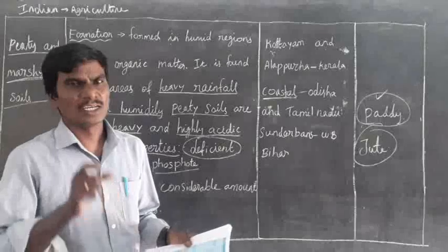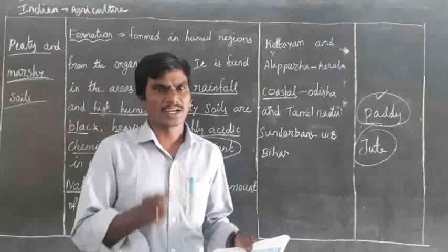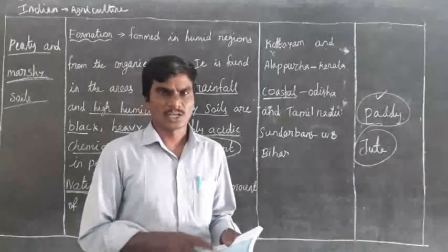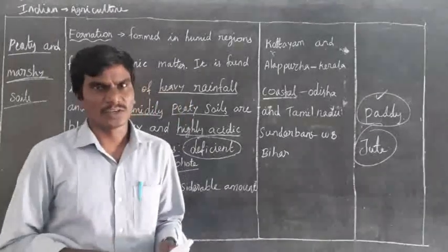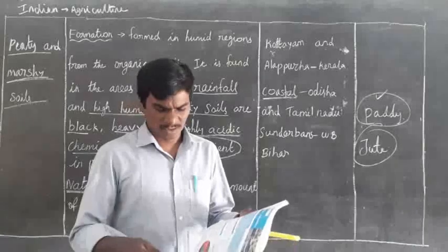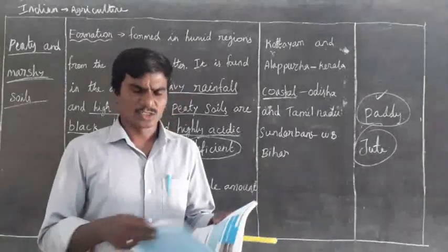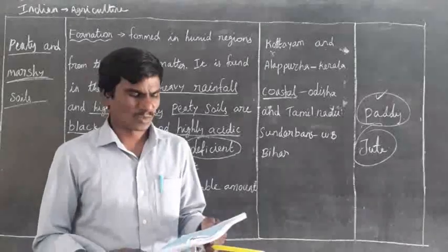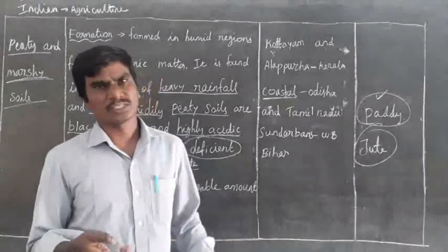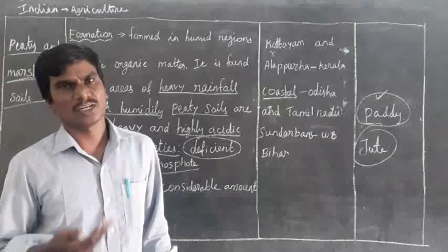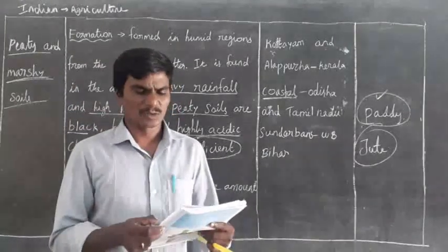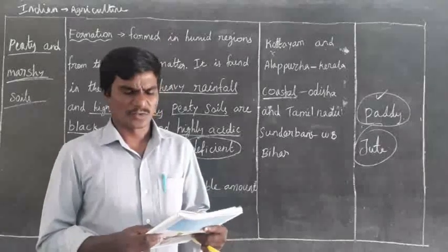Mainly, alluvial soil grows paddy, black soils grow cotton, laterite soil grows coffee, and red soil grows wheat, rice, cotton, sugarcane and the like. Forest or mountain soils grow tea, coffee, maize, and tropical fruits.